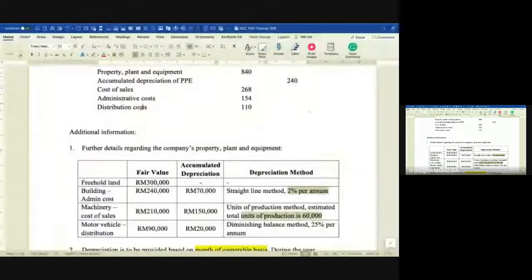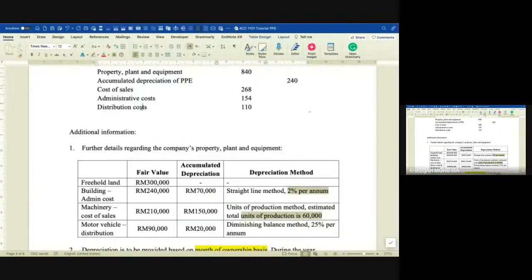But for the machine, you use it for production purposes. So that's why I put the machine under cost of sales, because that is where you have the manufacturing. So the depreciation for the machine is under cost of sales. And for the distribution cost, we have the motor vehicle, which is used for distribution.